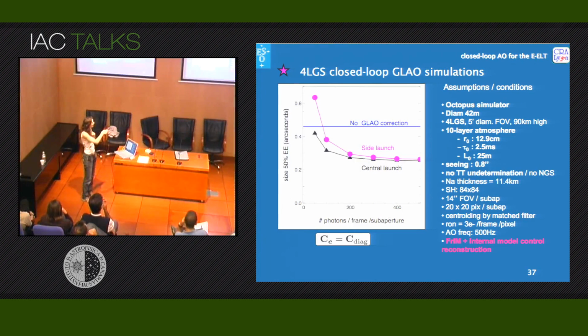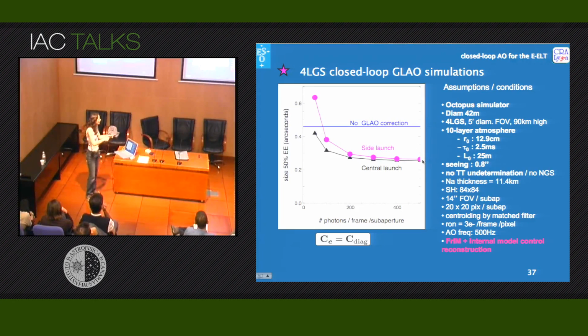And other aspects can be added to this because it's strongly related to the flux you receive, and it means that the requirements in terms of laser power will be changed.